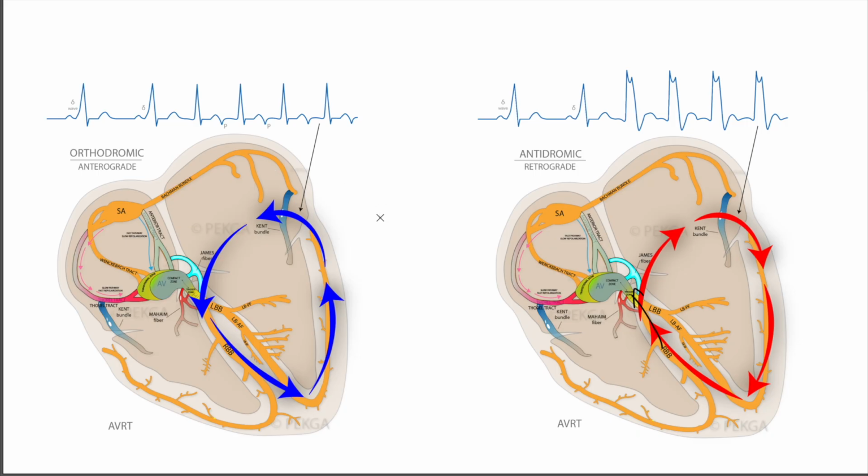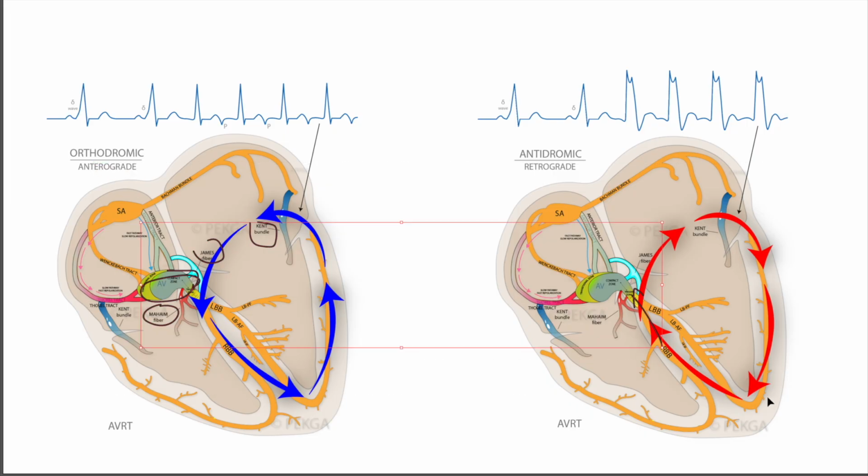So with AVRT, you need an accessory pathway. It's either going to be a Kent bundle, a James fiber, or a Mahaim fiber, bypassing the AV node. So you're going to take the AV node out of the equation.